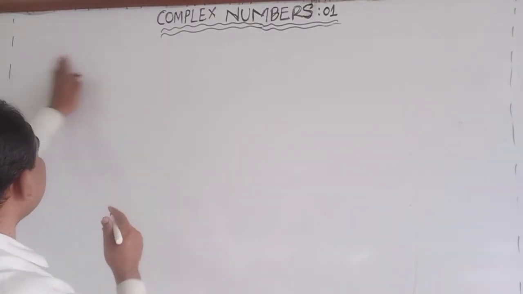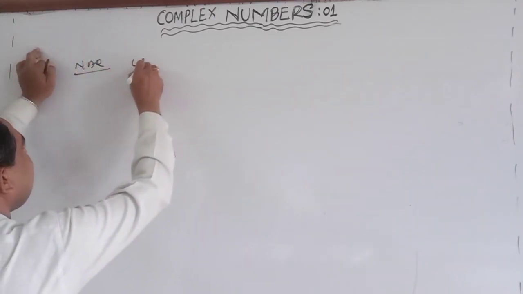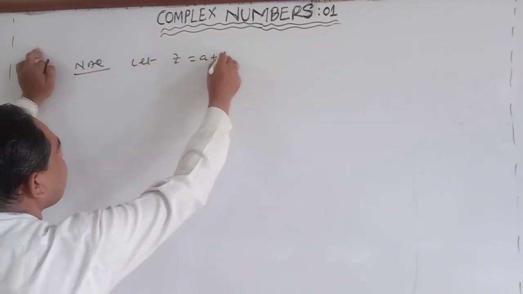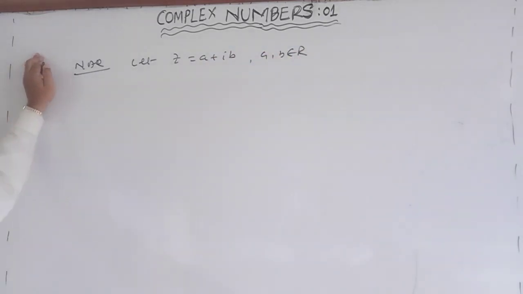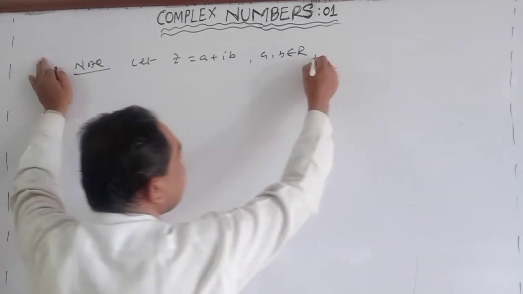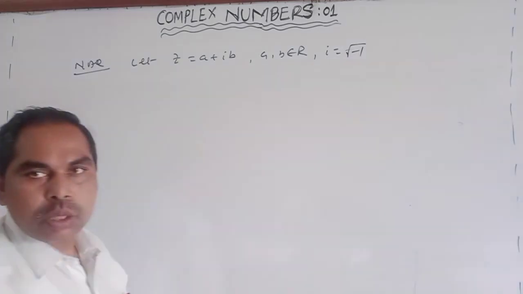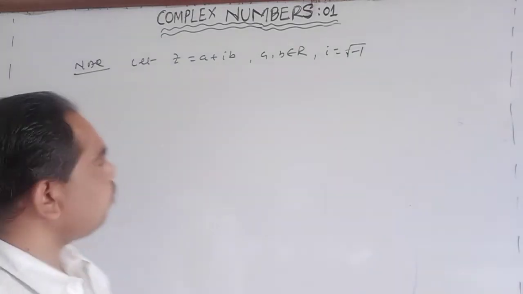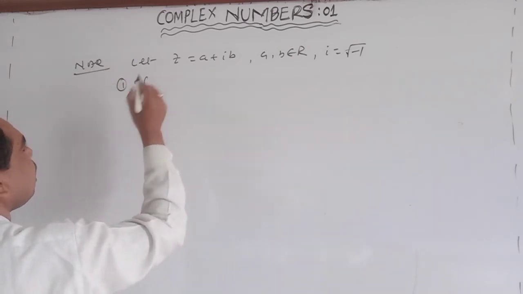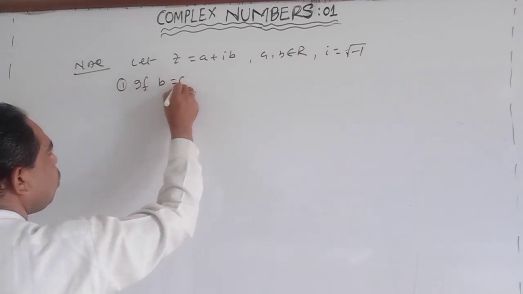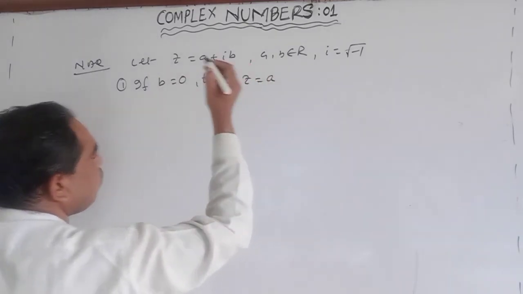Note: let z is equal to a plus ib, where a, b belong to the real numbers R, be a complex number. i is equal to square root of minus 1. One: if b is equal to 0, then z is equal to a.